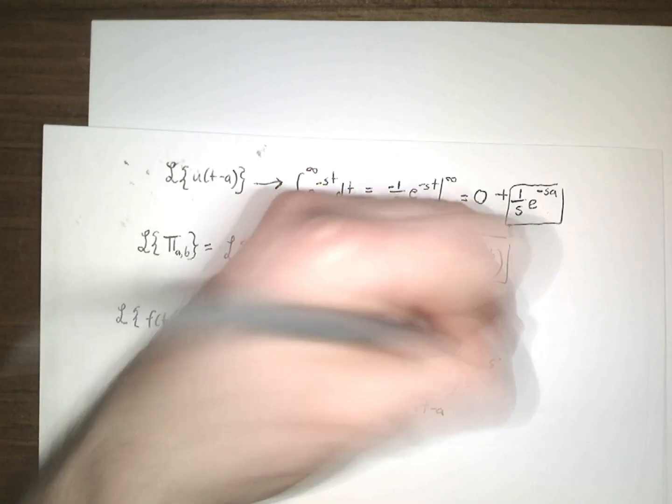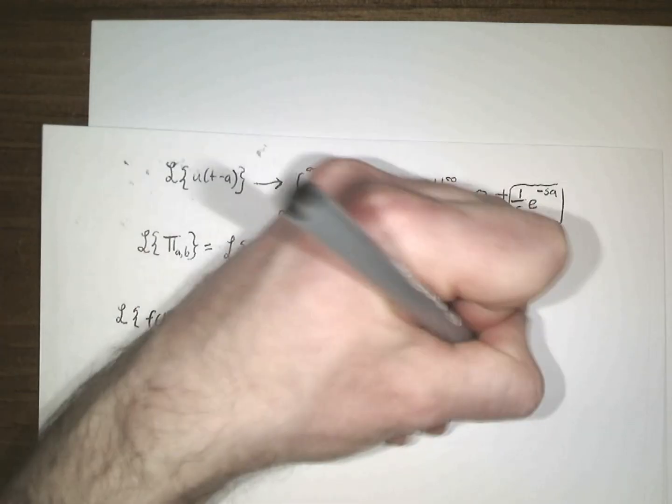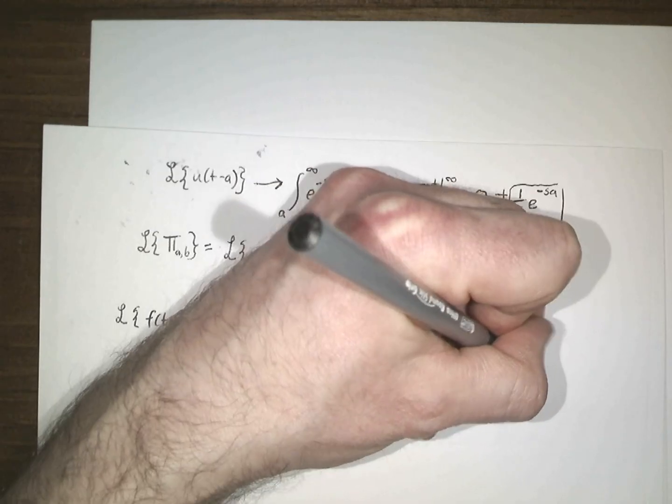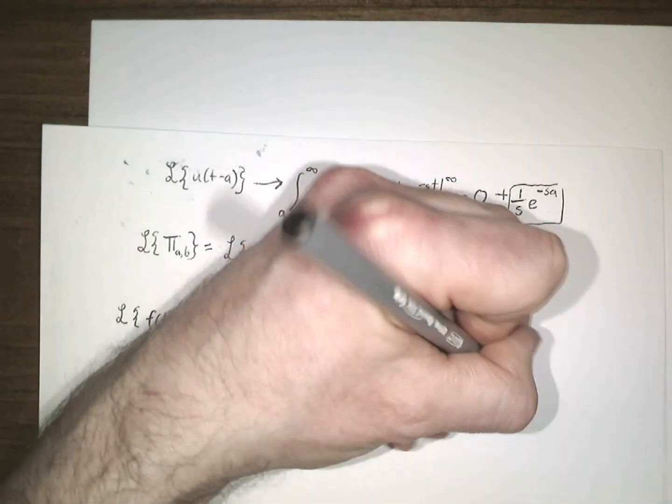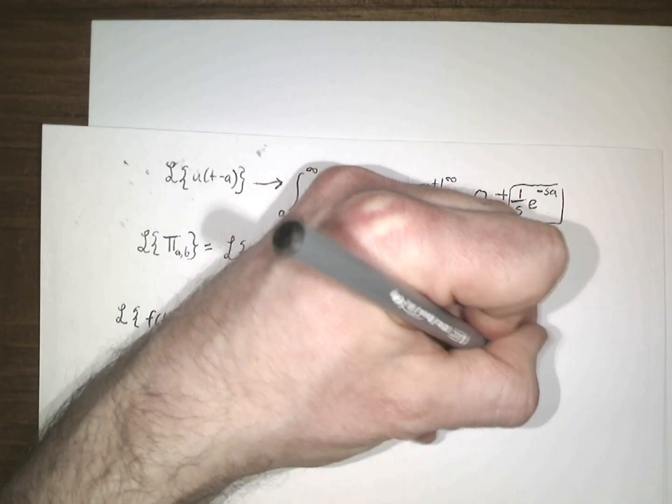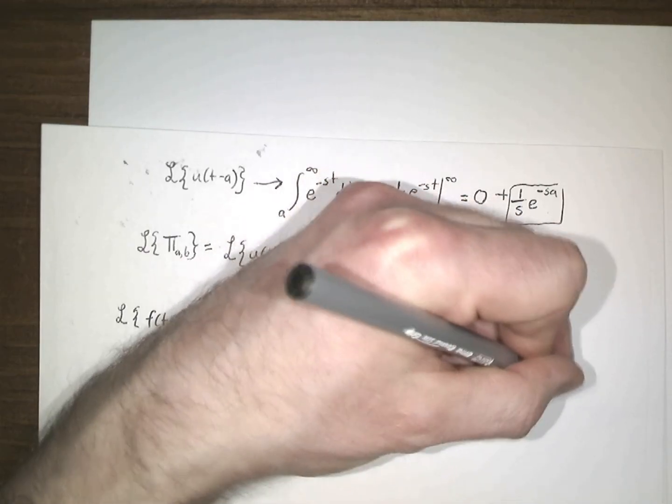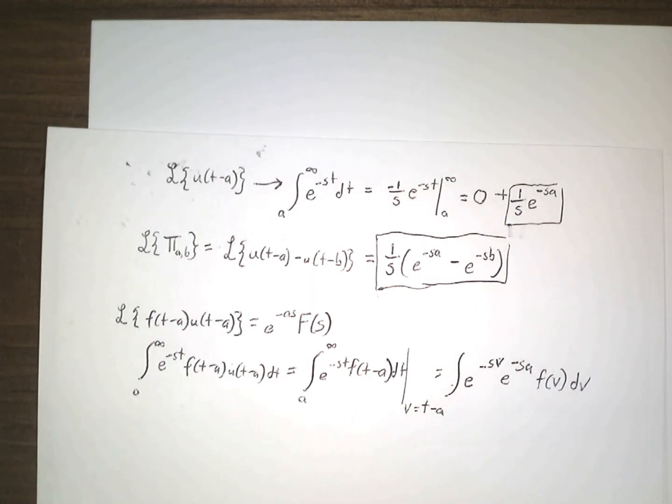So we get e to the negative sv times e to the negative sa, f of v dv. In terms of v, the sa is just a constant. We can pull that out of our integral, and then now we have essentially a Laplace transform of the function f. It's using a dummy variable v instead of the t we set out to do.